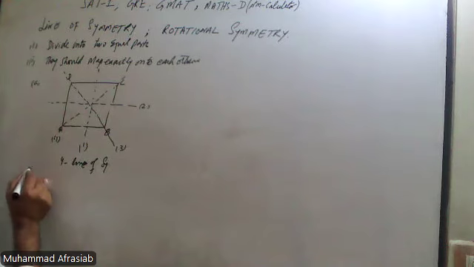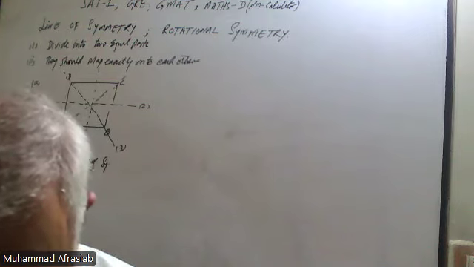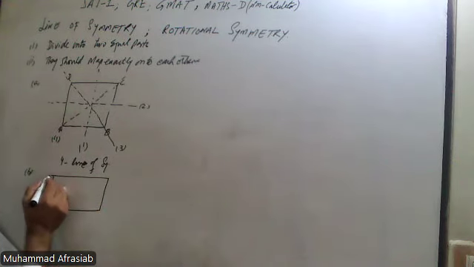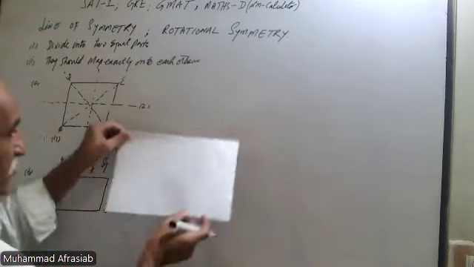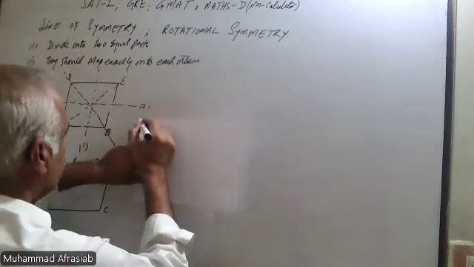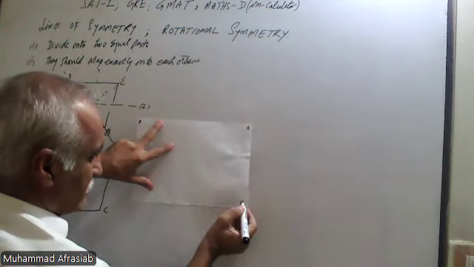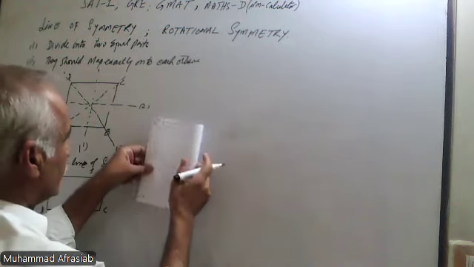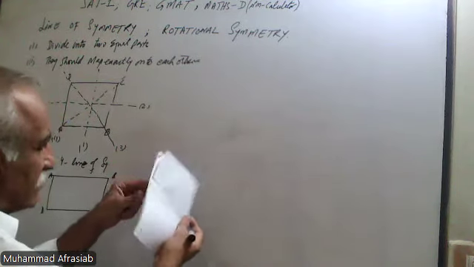Now we take an example of a rectangle. Let's say this is a rectangle A, B, C, and D. So if you fold it about this line through the center, then they are going to map exactly onto each other.